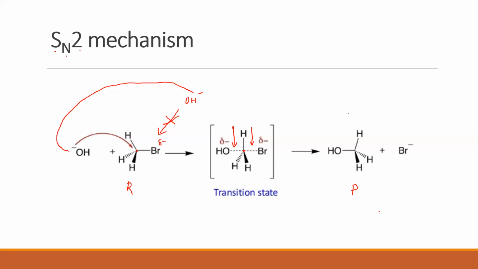I told you the transition state resembles both the reactant and the product. Check whether it resembles both. Yes, it does. If I close this OH and observe, this structure resembles whom? Yes, it resembles the reactant.